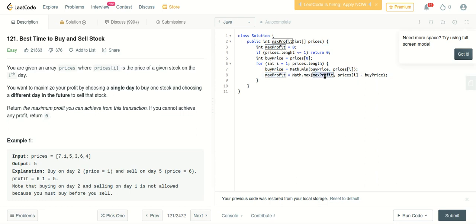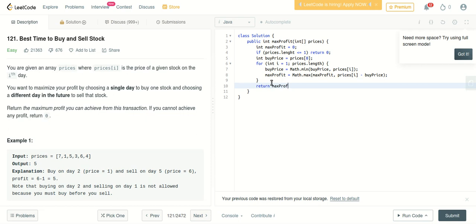If we have booked a profit till now, that is fine. If it is 0, then it's also fine. For the current price, if there is a lower buy price before that, we would book the max profit. So with this intuition, I think it should give us a correct result.